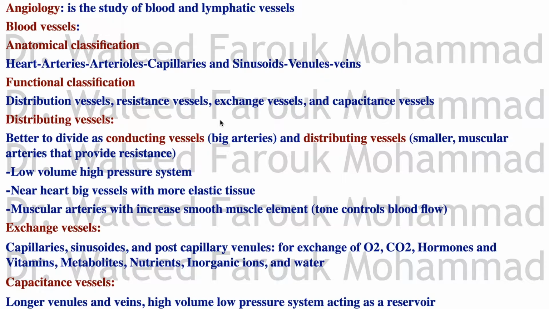Distributing vessels, you had better divide them into conducting vessels, meaning the big arteries, and distributing vessels, the smaller muscular arteries that provide resistance to blood. It's a low volume, high pressure system, and it's the main control of the blood pressure.